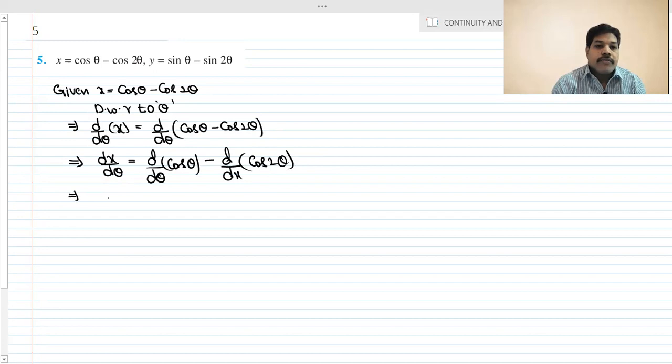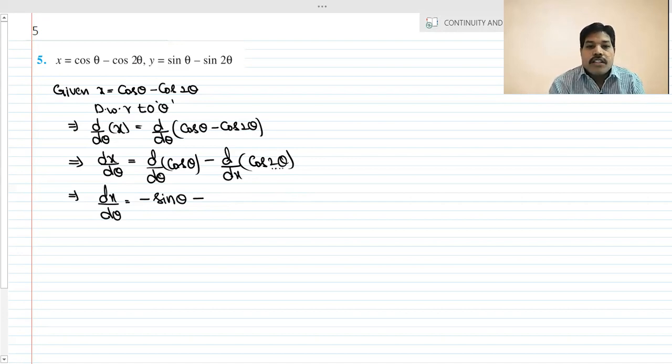That implies dx by d theta is equal to the derivative of cos theta. What is the derivative of cos, students? You already know that. The derivative of cos theta is minus sine theta, minus. So what is this formula, students?